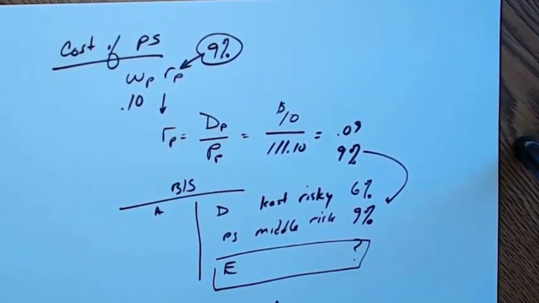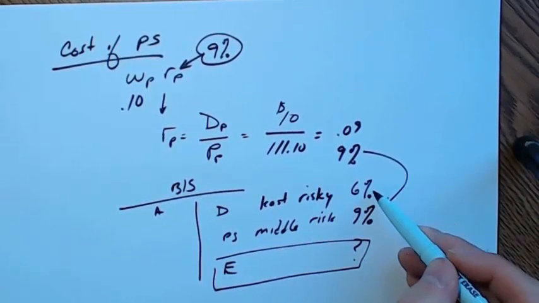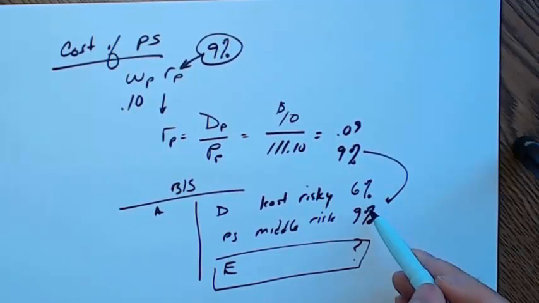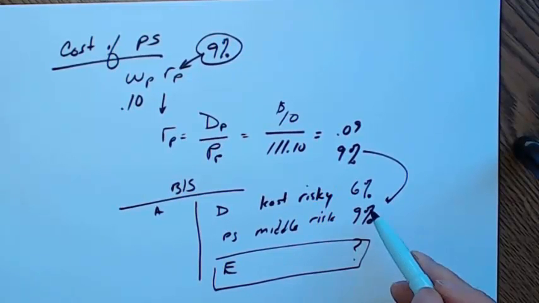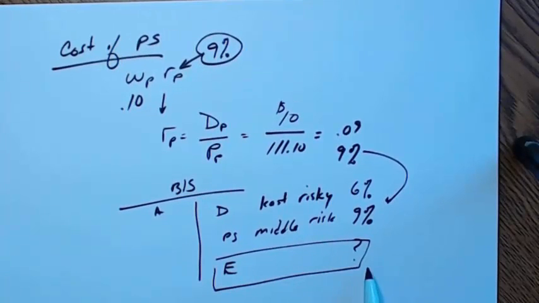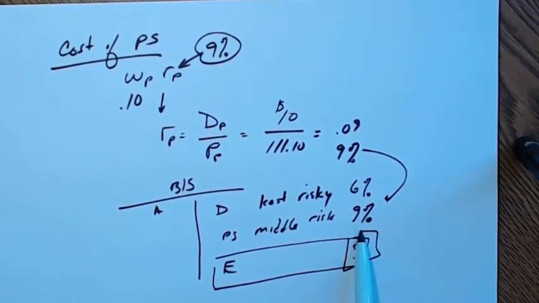They often don't get paid off at all, because the debt holders may not get all their money, the preferred stockholders may not get all their money, and the equity holders usually get nothing. So this is the most risky. There should be an increase in the cost of capital as we go, because rates of return are a function of risk. The more risk, the more return. So this number should be higher than 9%.